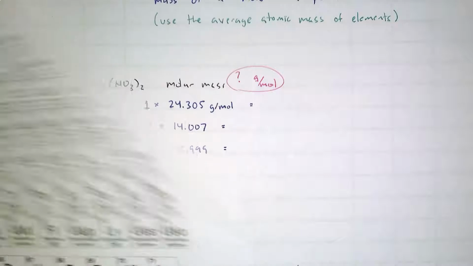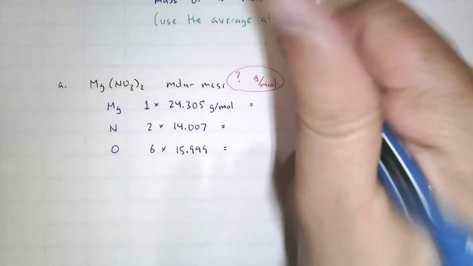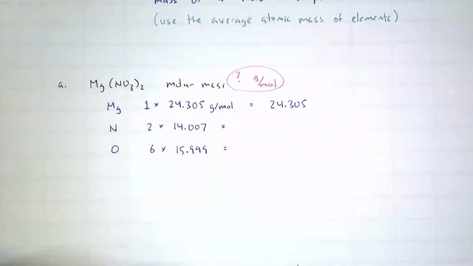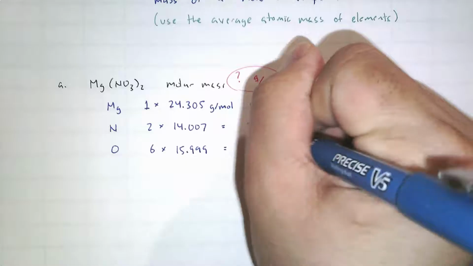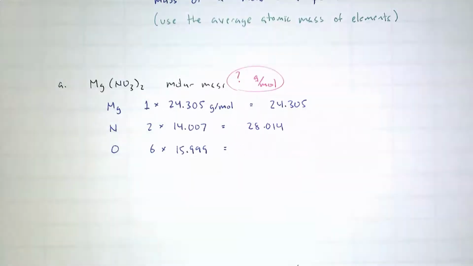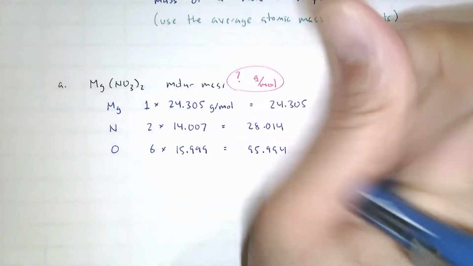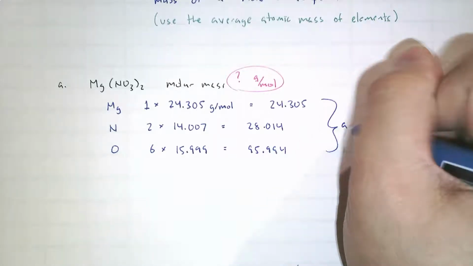So this is 24.305, 2 times 14.007, 28.014, 6 times 15.999, 95.994. We're going to add them all up.